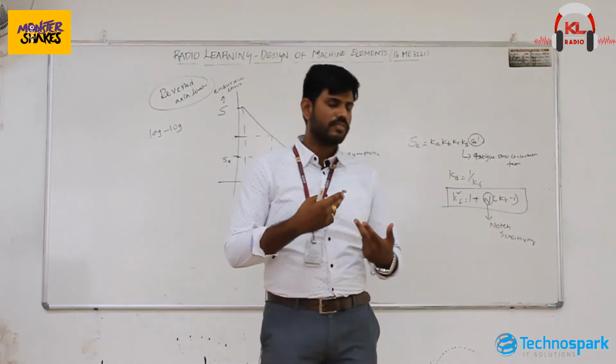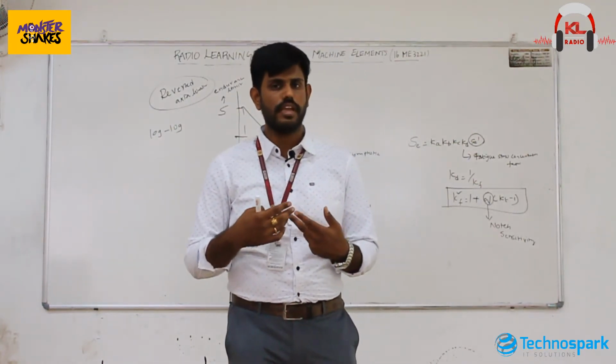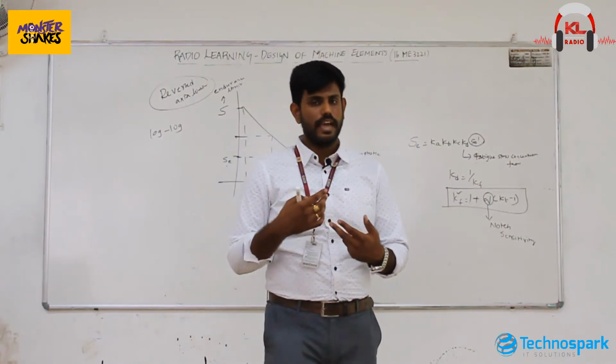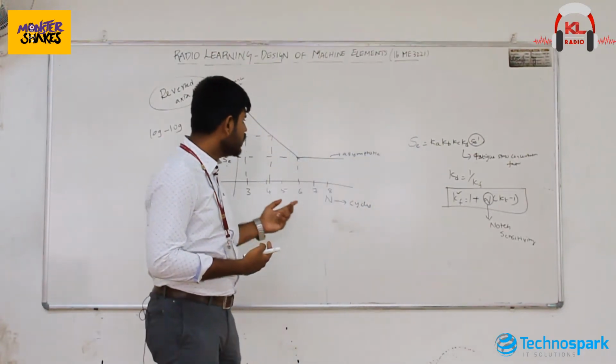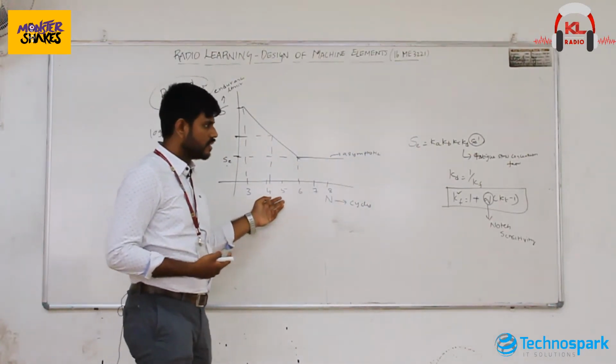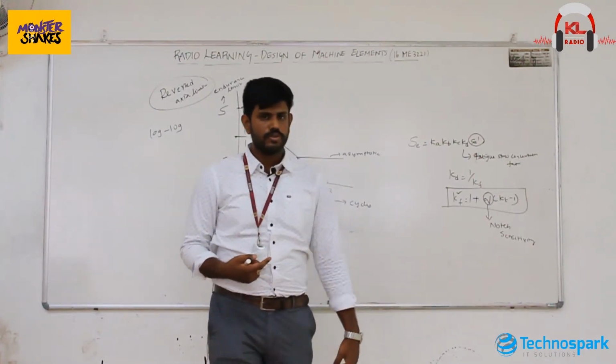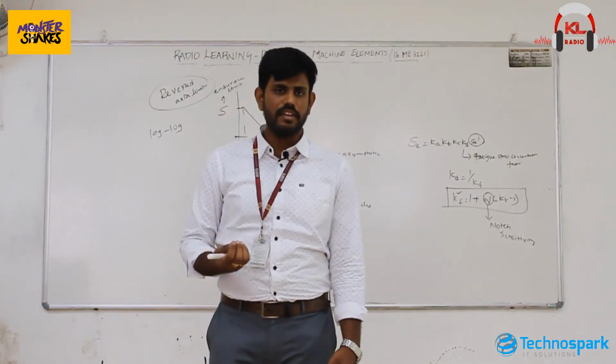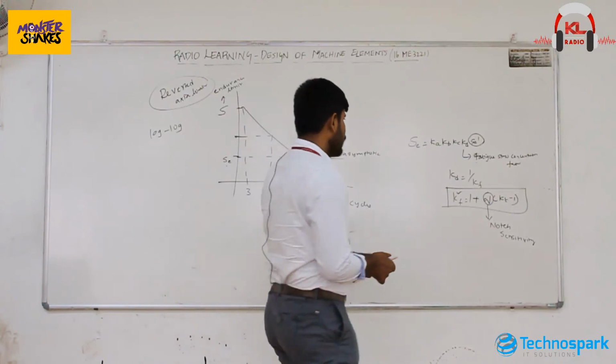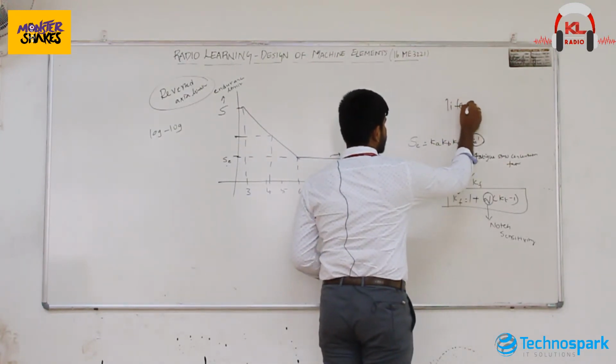If you are asked to find the number of cycles, or number of life cycles, then you have to use the SN curve. This particular concept will be used when the life is infinity.